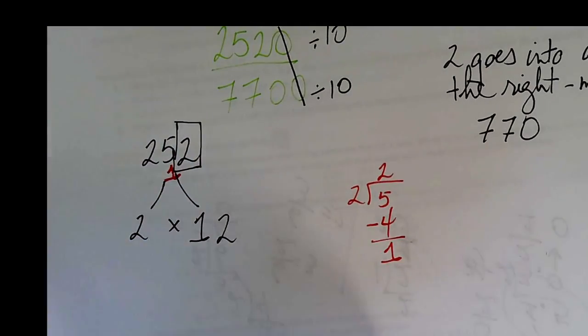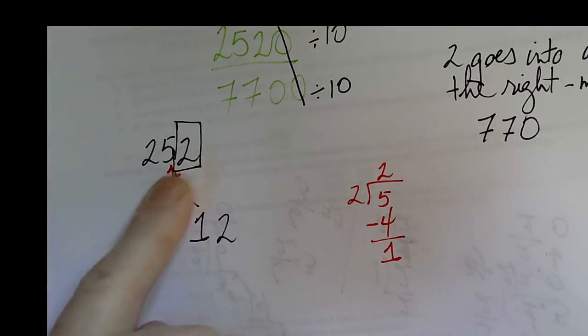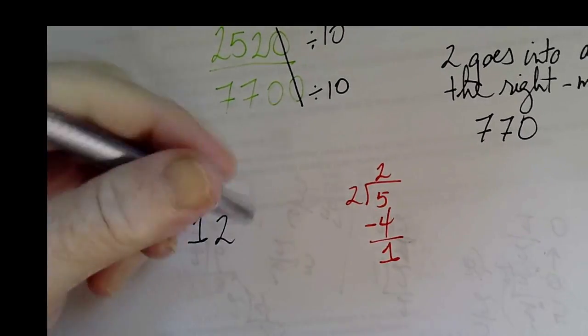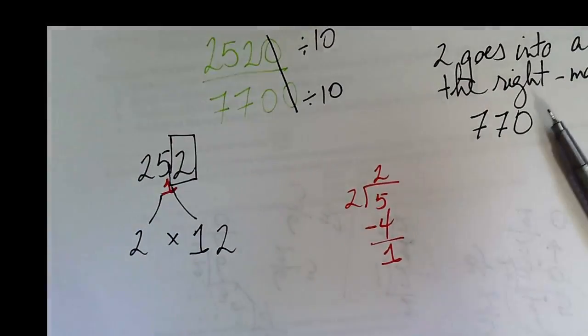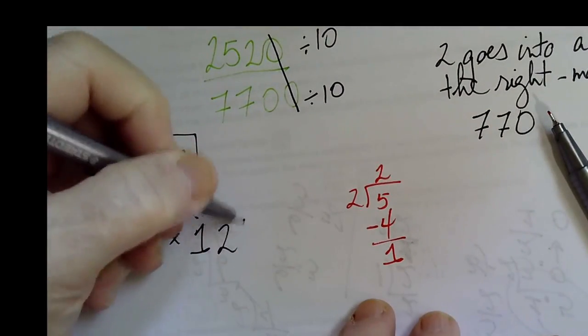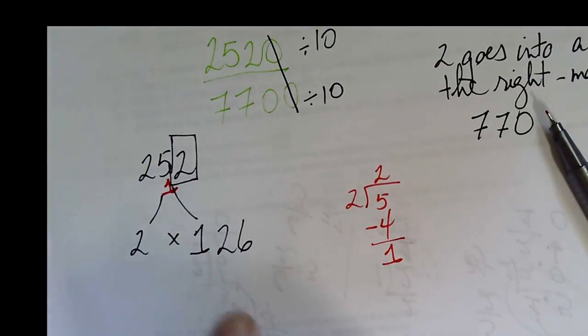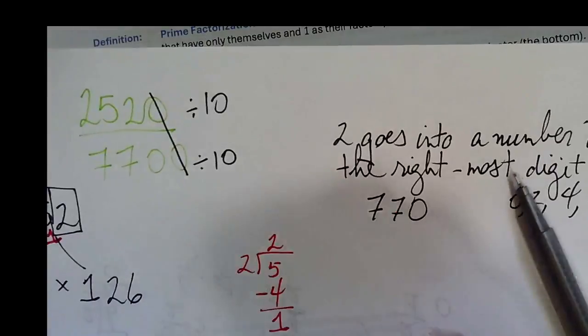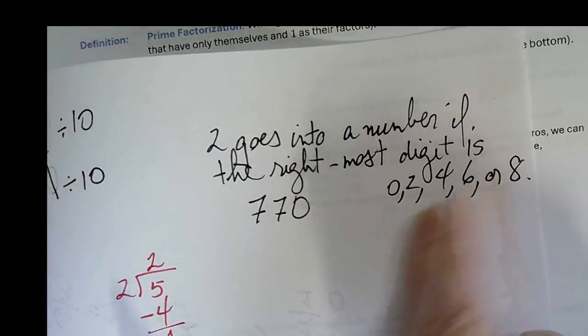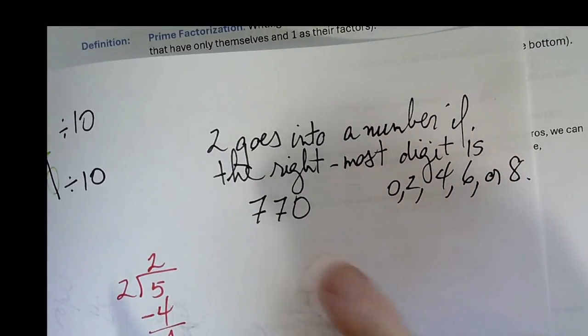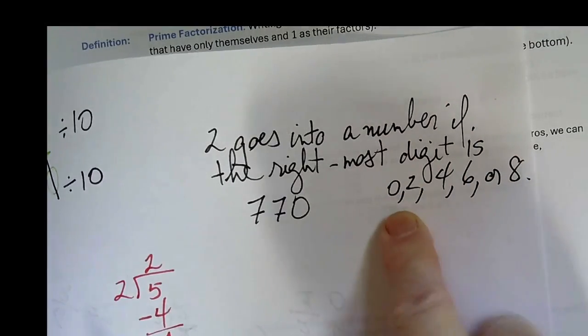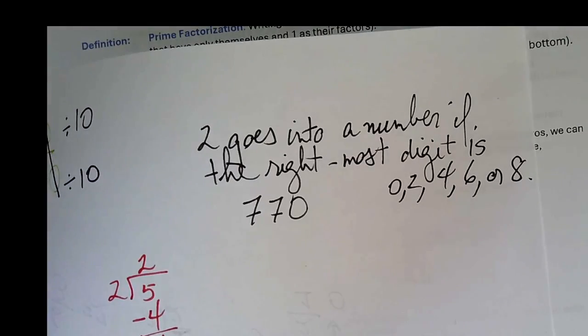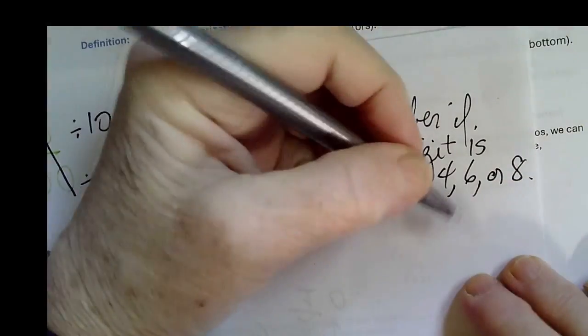And now I want to see 2 goes into 12. And yes, it does. 2 goes into 12 6 times. Now, I know that 2 will go into 126 because the rightmost digit is a 6, and 6 is one of these. What is another way that we could describe numbers where the rightmost digit is 0, 2, 4, 6, or 8? Exactly right. Those are even numbers.